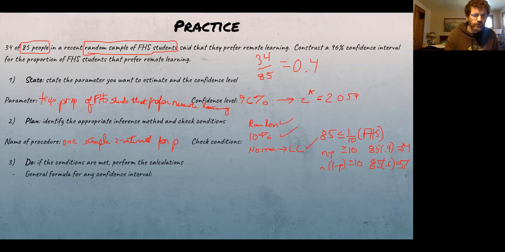We want to give the general formula for any confidence interval, which is going to be our statistic plus or minus the critical value times the standard error.